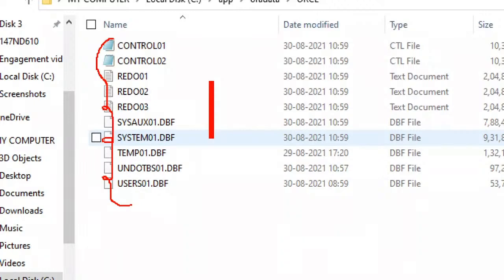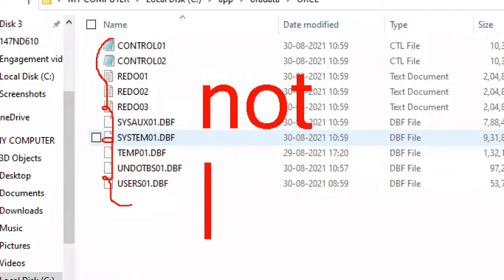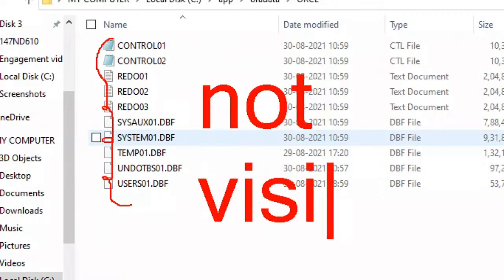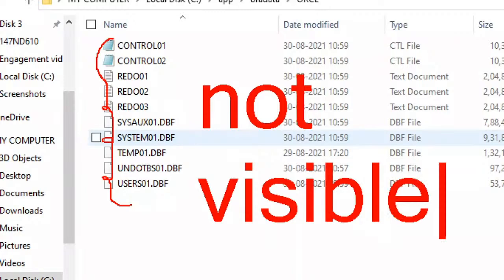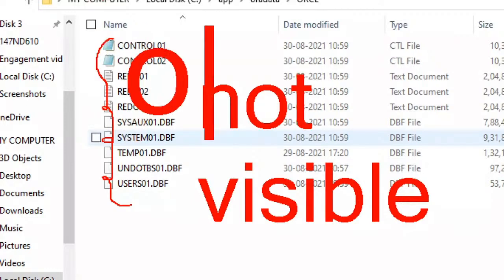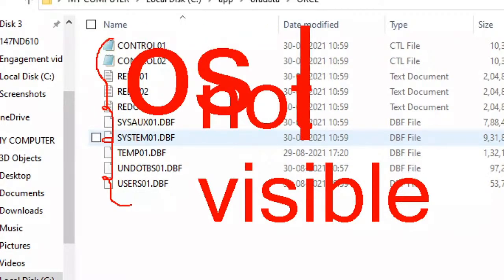But unfortunately here, Z is a table I'm giving only. Is that table visible in the operating system or not visible? Very good, not visible. That's why a structure which is not visible in the operating system is called a logical structure.